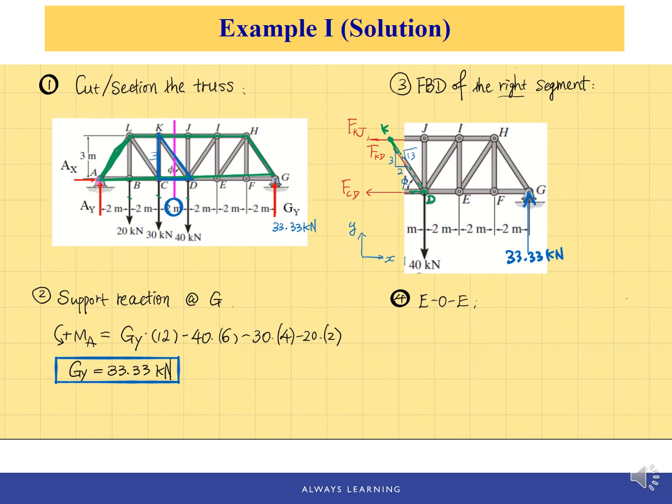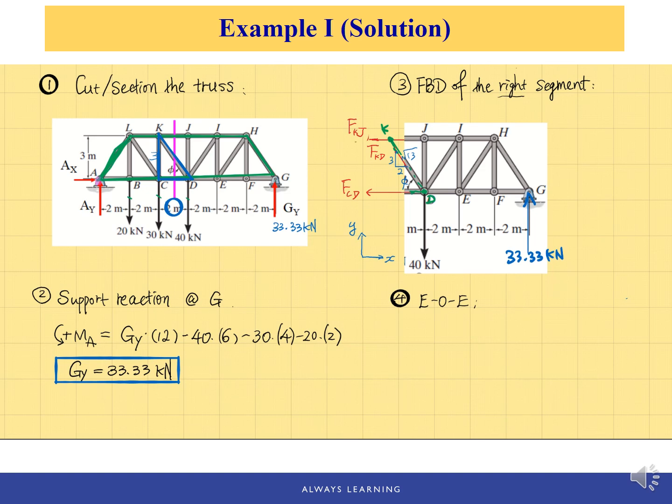This becomes a 2D rigid body equilibrium problem, and we have 3 unknowns. We should have enough equations to solve for the 3 unknowns. And the first equation I'm going to choose will be a moment equation, because that's the reason why we found those points, point K and point D.